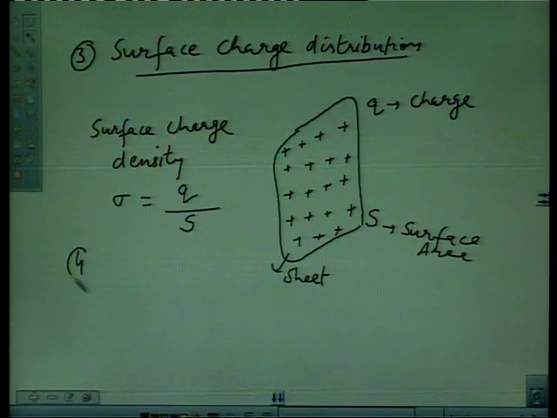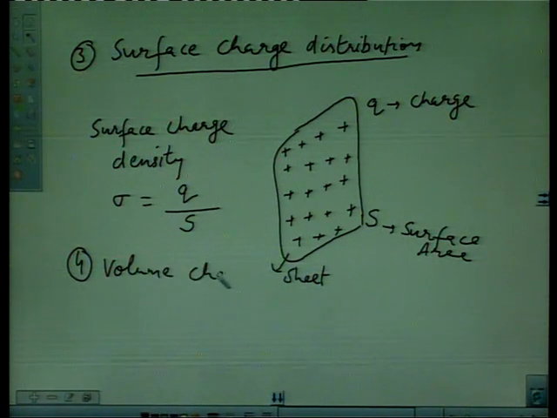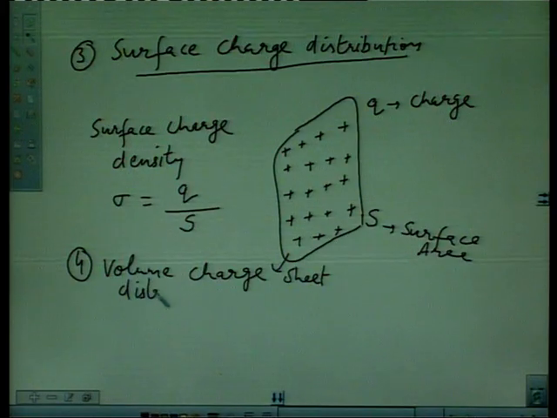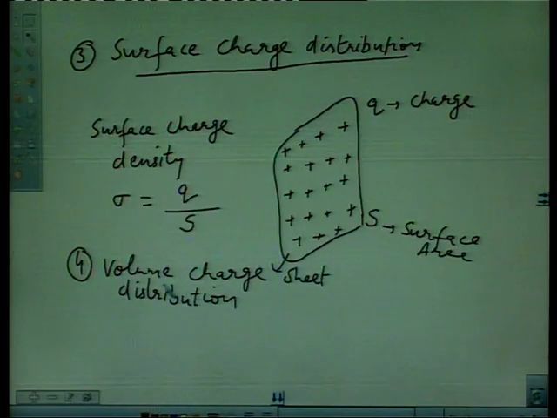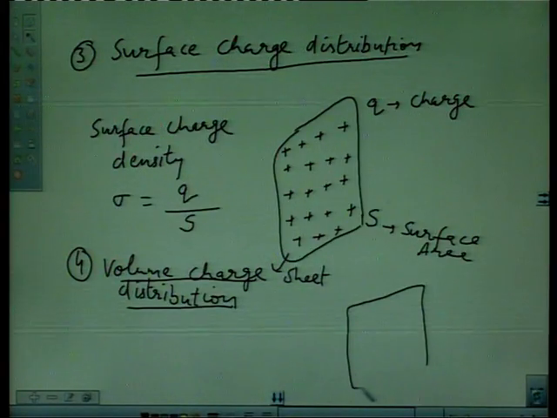The fourth type of distribution is volume charge distribution. In this case, suppose we have a cube.